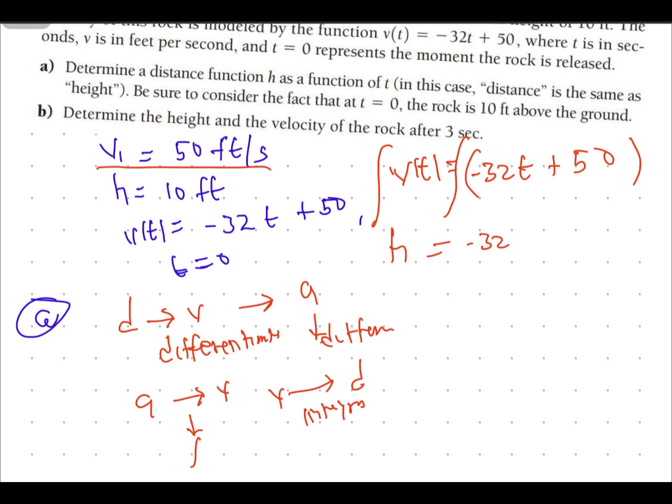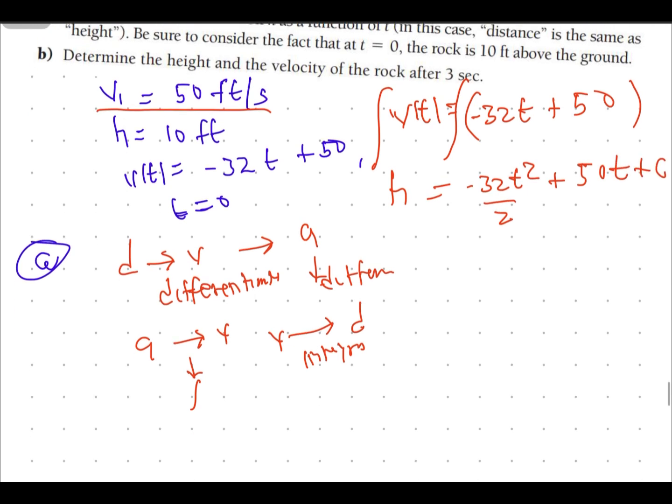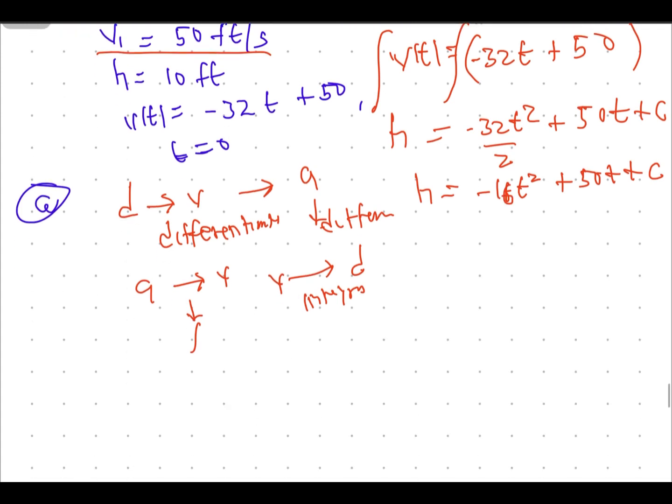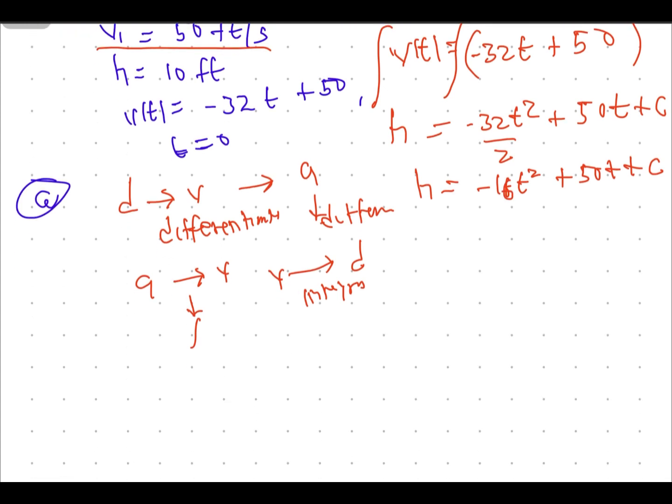Integrating this, we get negative 32t squared over 2 plus 50t, and don't forget plus c. So h equals negative 16t squared plus 50t plus c.